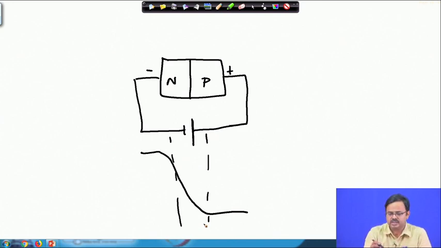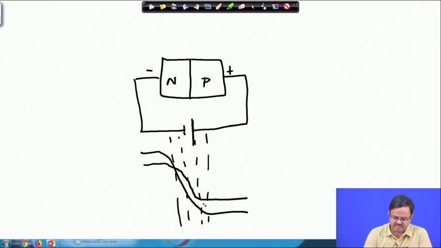Now, slowly, with time, the depletion layer reduces in size, and the potential barrier also reduces. Slowly we are finally going to reach a stage where it is going to be like this.